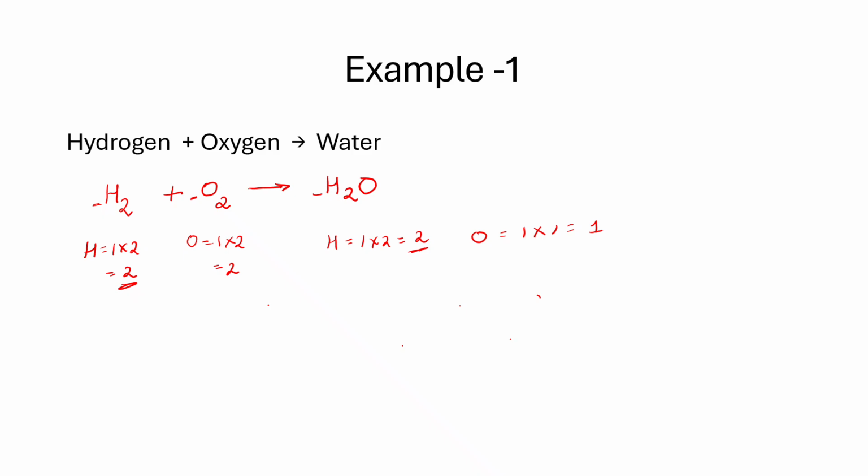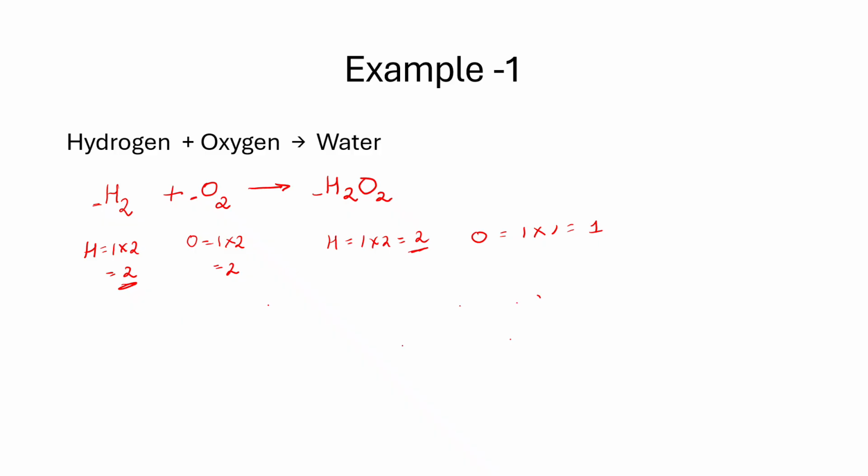Okay, now here is the important thing. You could simply say that, okay, let me just put a 2 as the subscript here and the equation is balanced. But this would be wrong, because by putting a 2 in the subscript, you essentially change the identity of the substance itself.